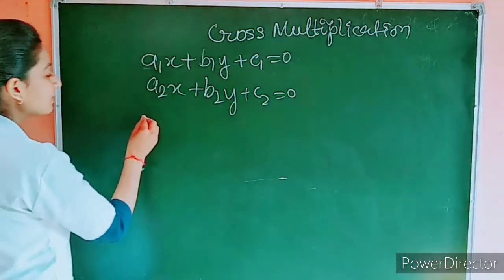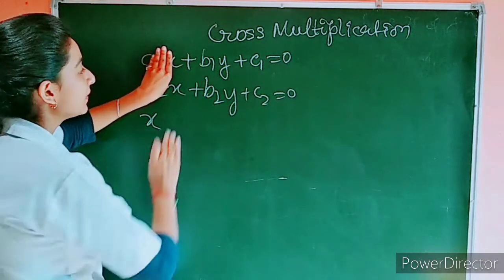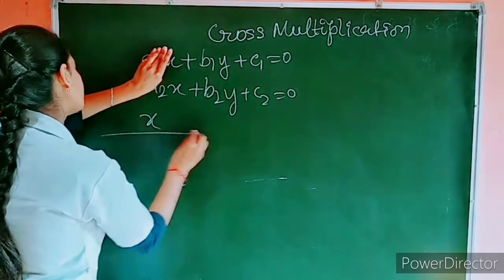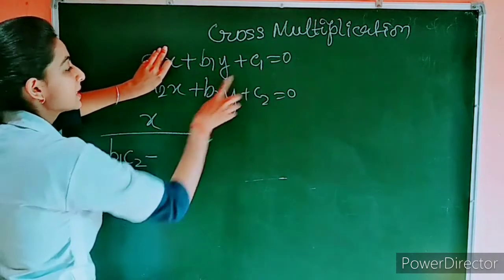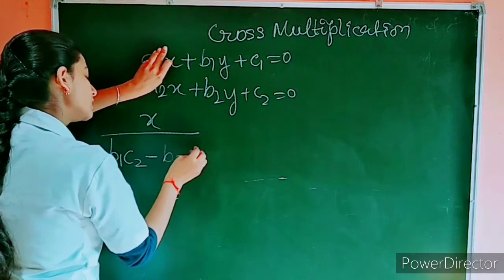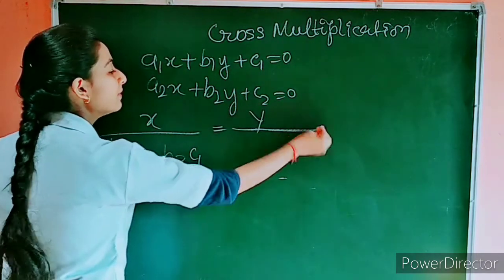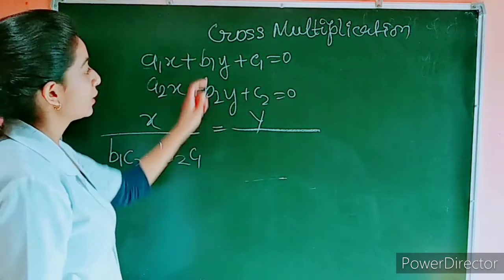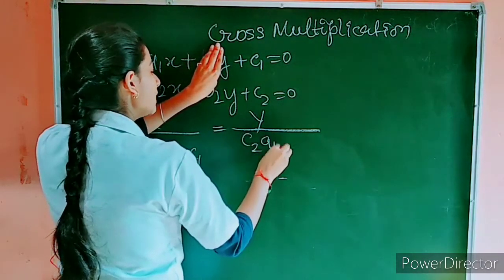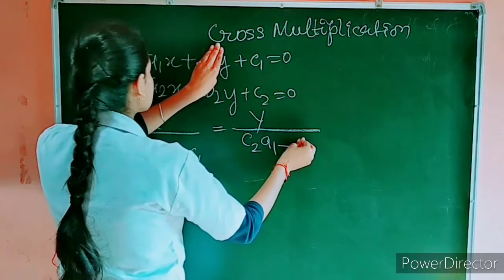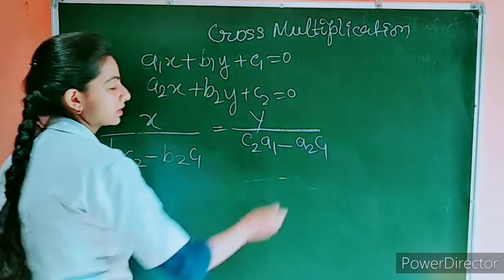Now if we want the value of x, hide x, then we have b1c2 minus b2c1. Now if we want the value of y, hide y, we get c2a1 minus a2c1.